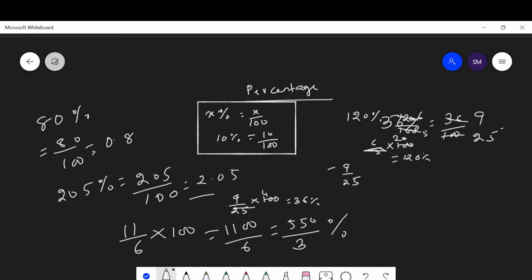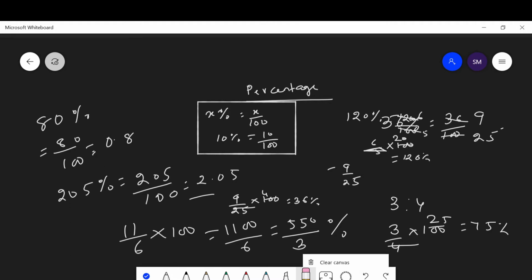Then suppose the ratio 3:4 is given and you are asked to convert it into percentage. 3:4 means 3 upon 4, simply multiply with 100, then you get 75%.